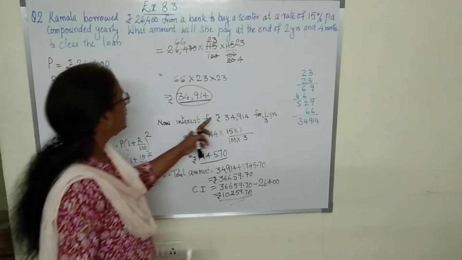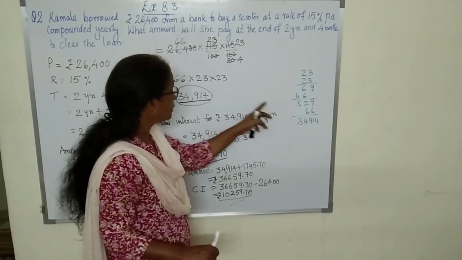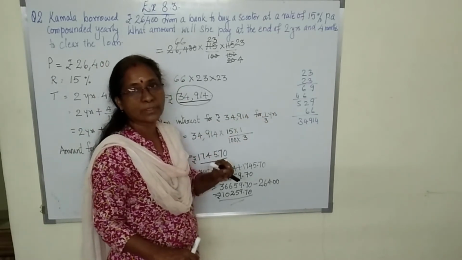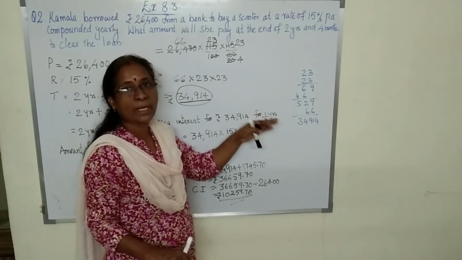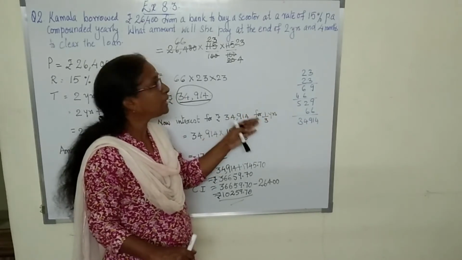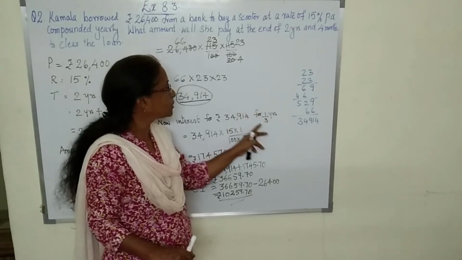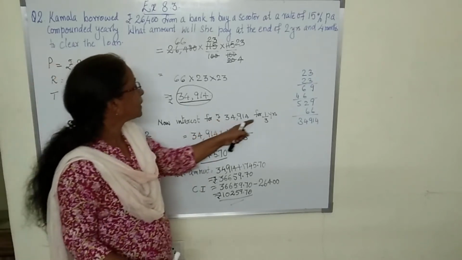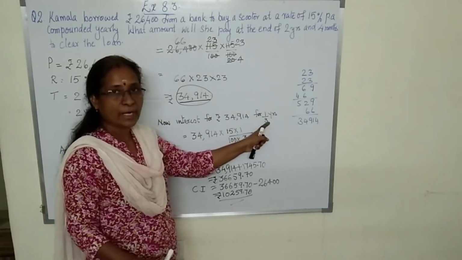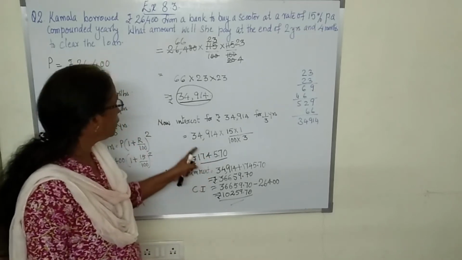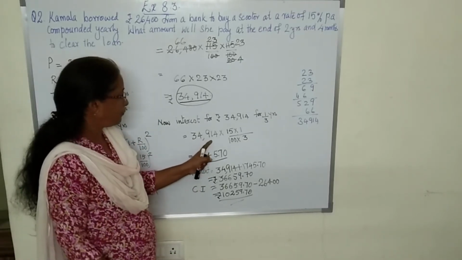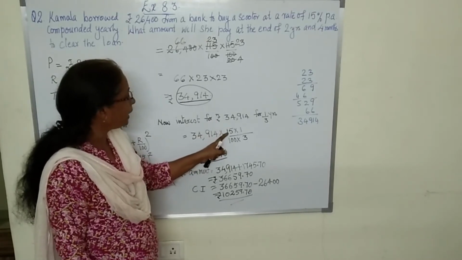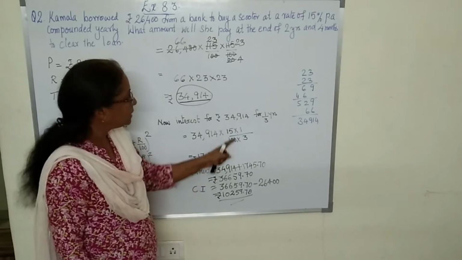Now we have to find the interest for this amount for 1/3 years. Compound interest cannot be calculated for only 1 upon 3 years, so we will find simple interest for this amount for 1 upon 3 years, which will be equal to 34,914 multiplied by the rate of interest 15 for 1 upon 3 years.